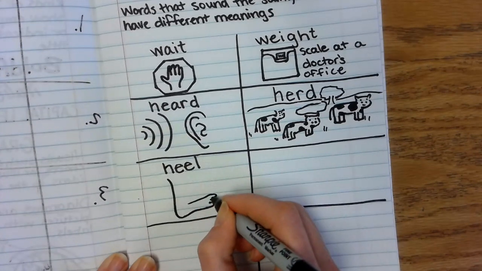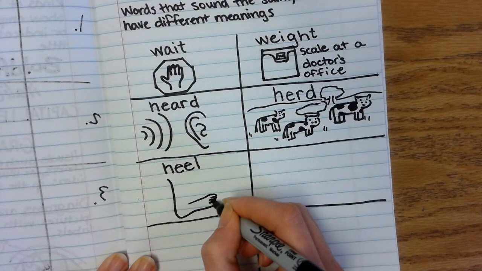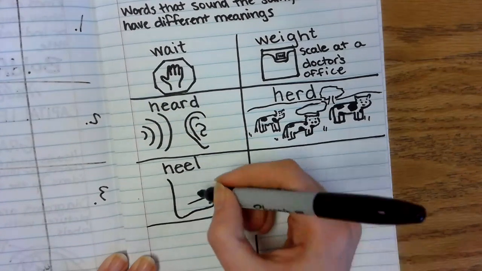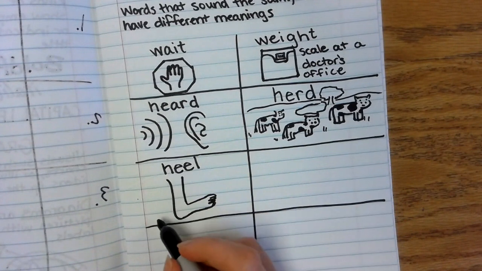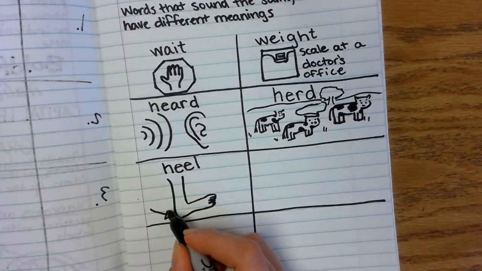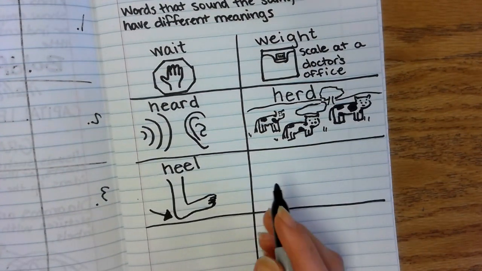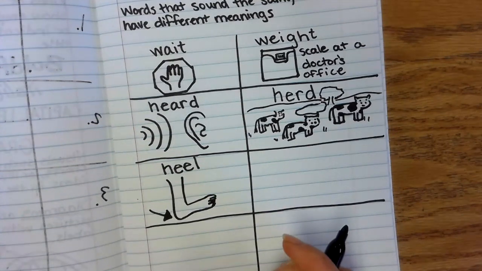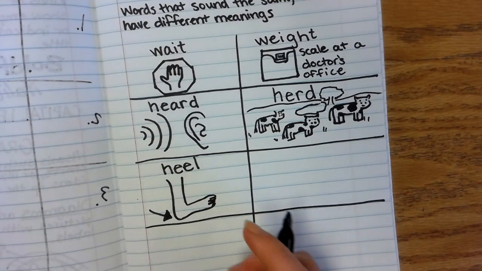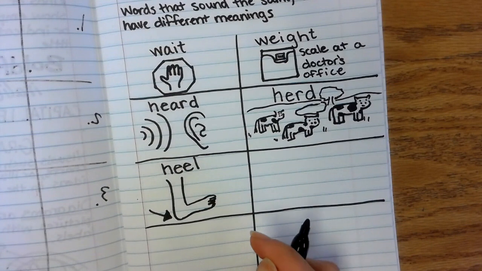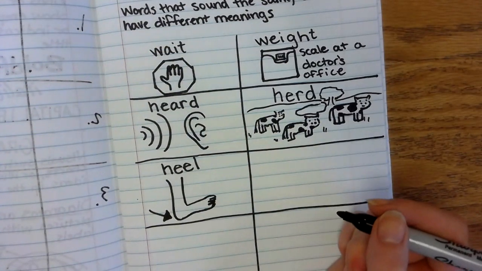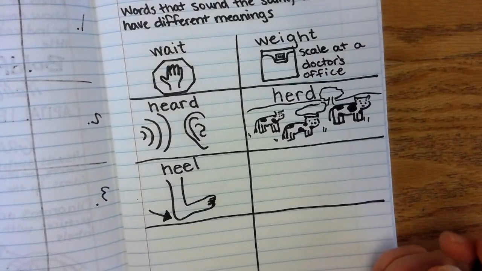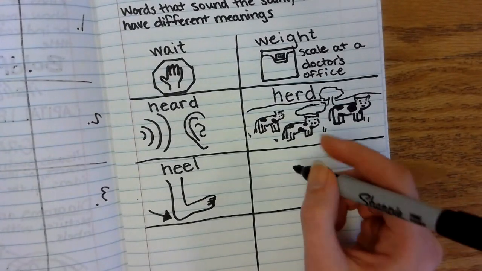Sorry, my picture. Oh, honey. This is not a good picture of a foot. That is a really bad foot. We're going to draw an arrow pointing to the heel of the foot. I promise I can draw better feet than that. This is just a quick drawing. Oh, it's really bad. Okay. If you want to spend more time on your heel, you're more than welcome to.